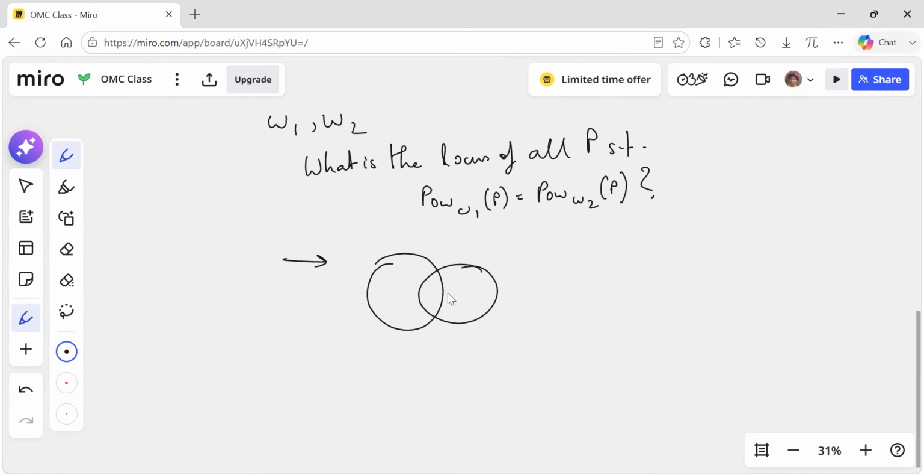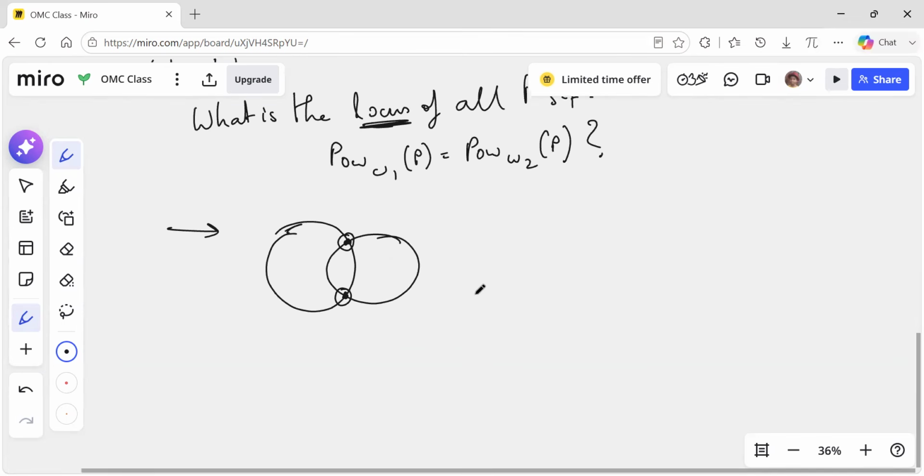Can you identify two points which have the same power with respect to both the circles? The two intersection points, yes. They have power 0, right? So this point and this point both have power 0. So both of these must lie on whatever locus this is.